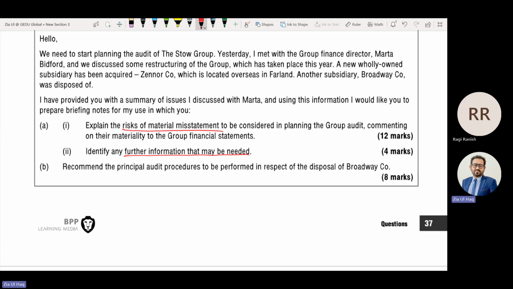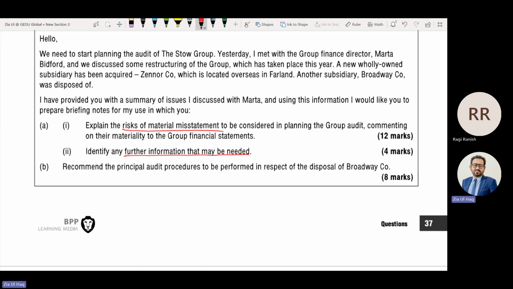Along with each issue, we need to discuss additional information, and there are 4 separate marks given for additional information. This means at least 8 additional pieces of information relating to all the matters we need to discuss.